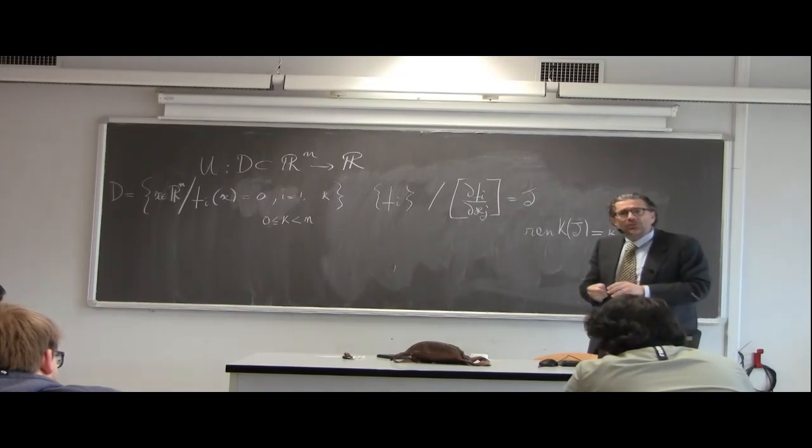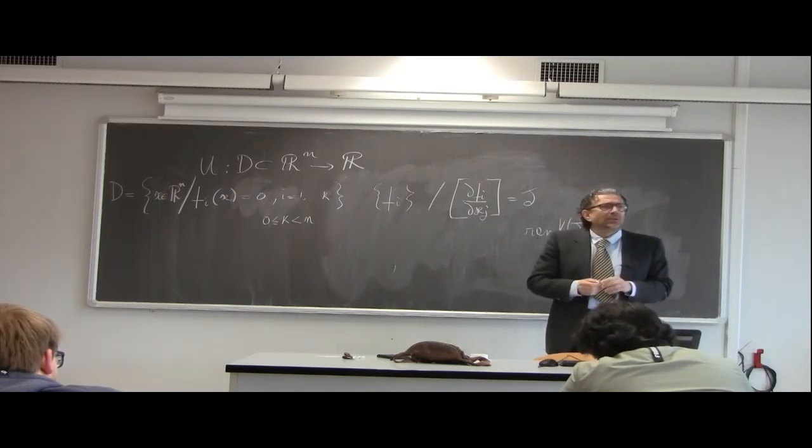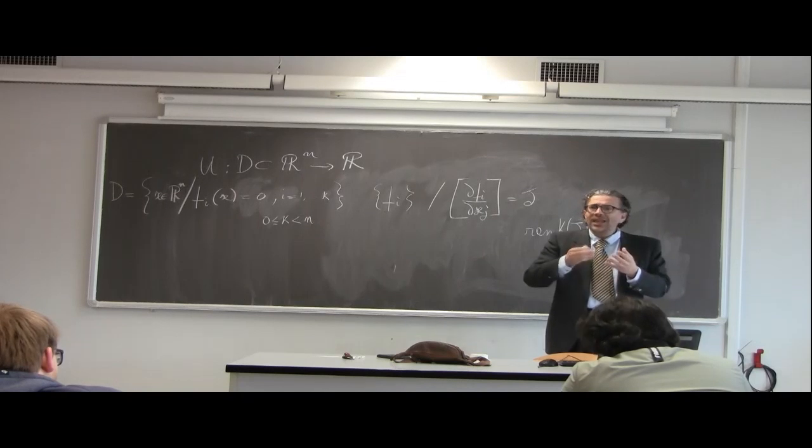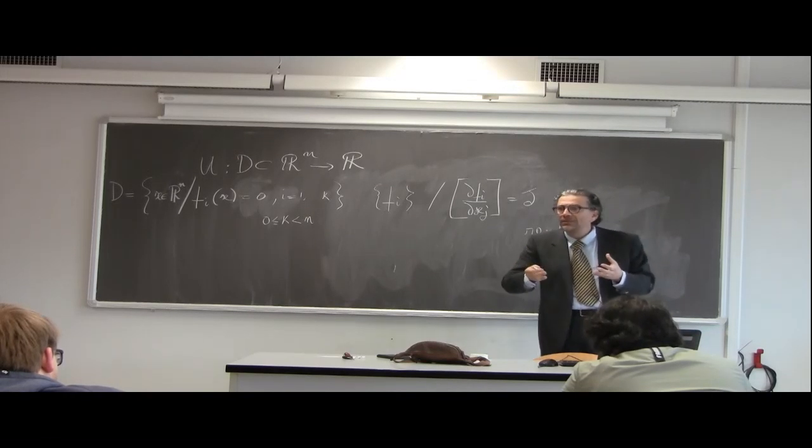And I told you to be very careful. You should never believe that if I have n parameters, I write k equations, then I am left with n minus k independent parameters.